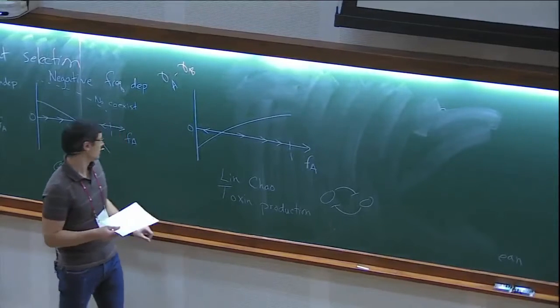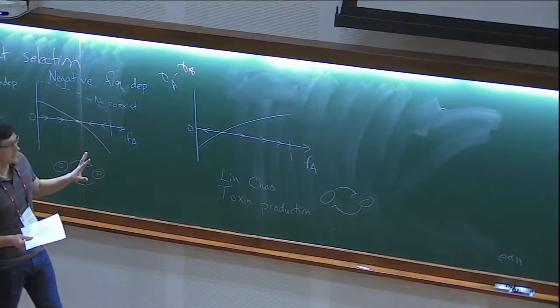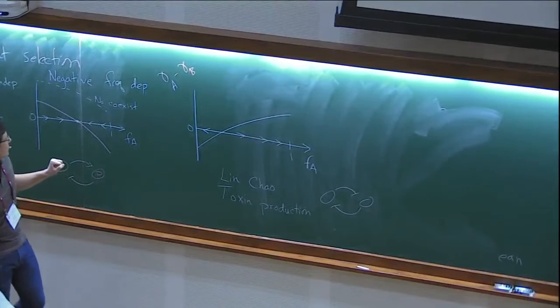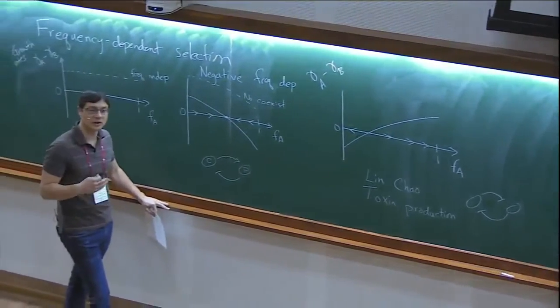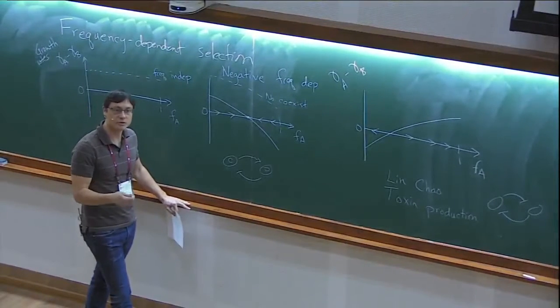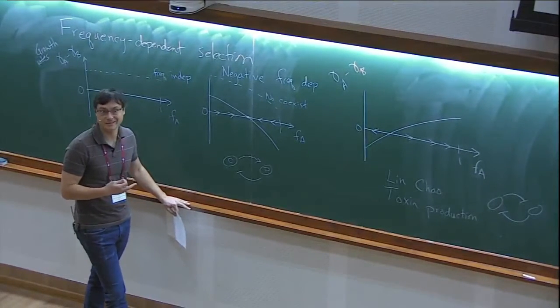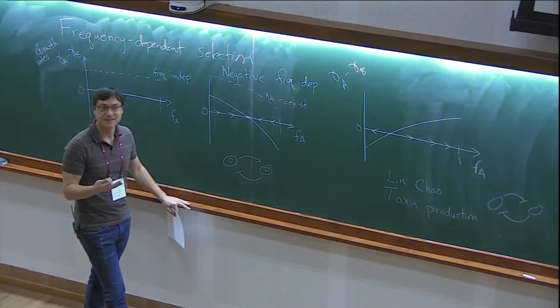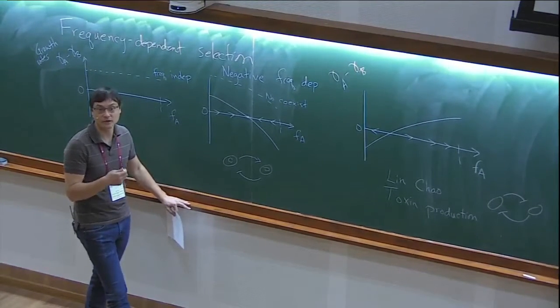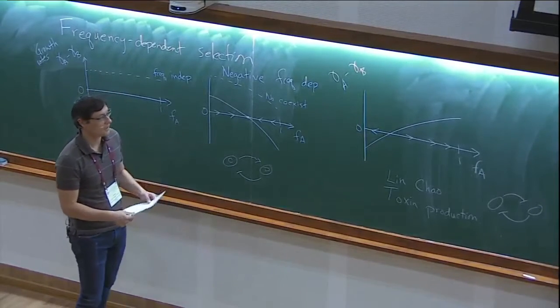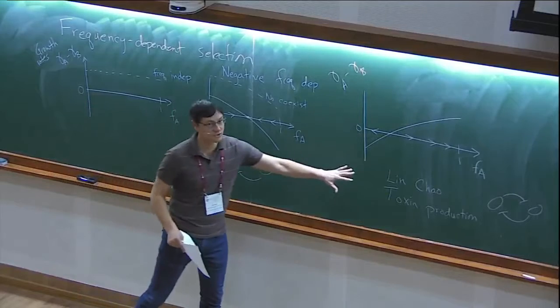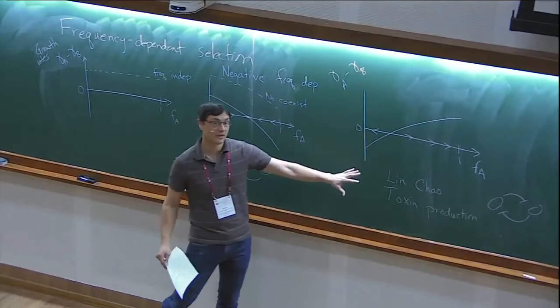All right, so I think there are a couple of things to say. One is, and this comes back to what Paul was talking about this morning, any initial mutant in the population is going to be present initially at low frequency. So it's very important and interesting to ask, what is going to be the relative fitness of a mutant when it's rare? And one thing that you see is that these two situations are quite different in that regard.